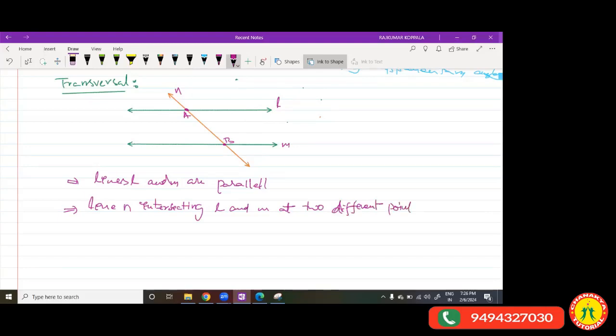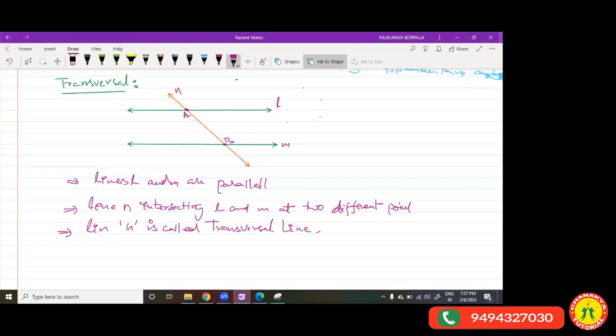So that line N is called a transversal line.